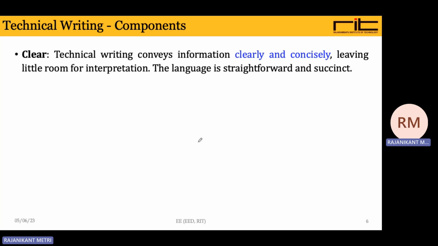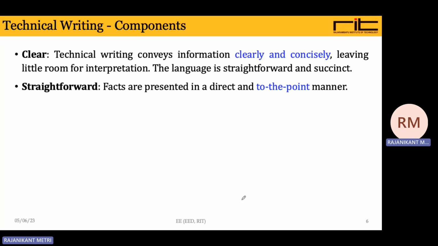That means whatever you write while writing your research or putting in the documentation form, it should be clear and concise. There should not be any ambiguity. And clear objectives must be defined or written so that the person who is reading that technical report should understand what the author wants to convey.